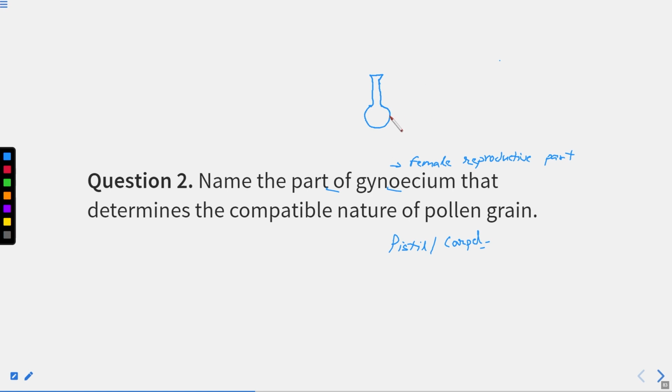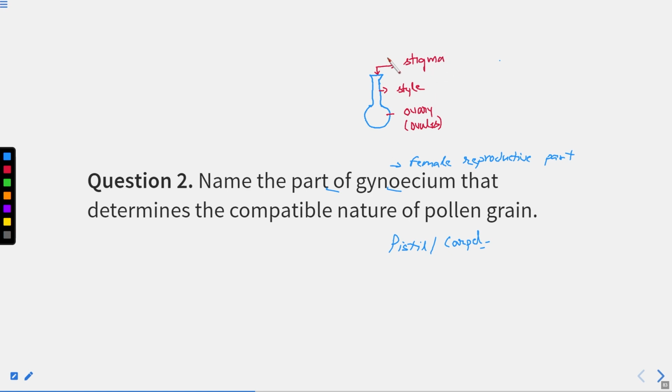So this region is the ovary, it is swollen, and ovary consists of the ovules. So ovules are present within the ovary. This part is known as the style. And the uppermost part is known as the stigma.